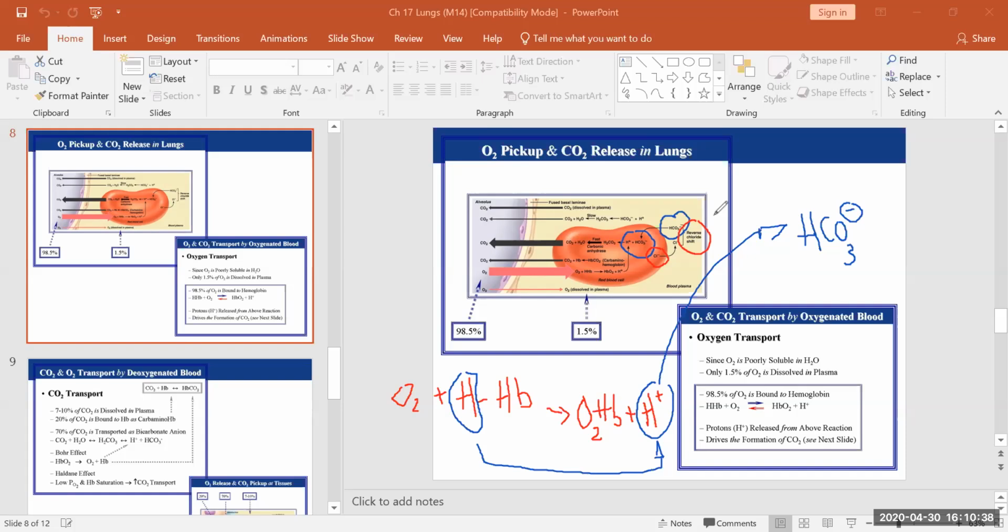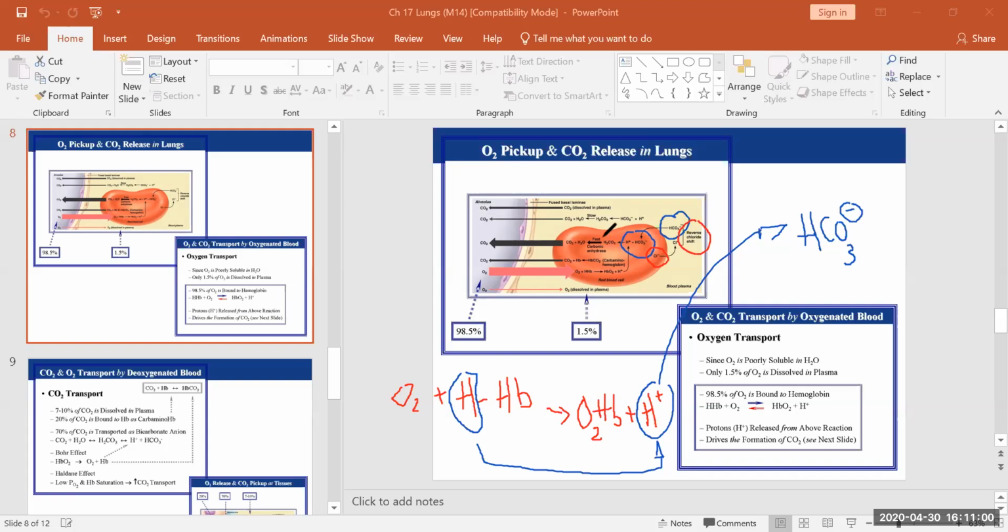Okay? So chloride is leaving the red blood cell to compensate for the gain of negative charge brought in by the bicarbonate. And when bicarbonate binds with the proton, it will become carbonic acid. So H2CO3, that's called carbonic acid, C-A-R-B-O-N-I-C, the word acid.